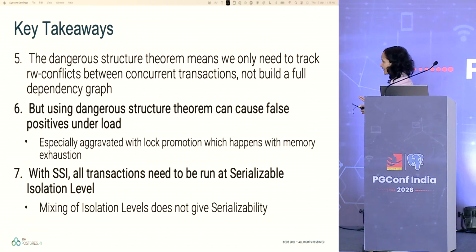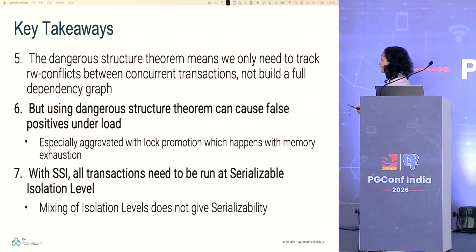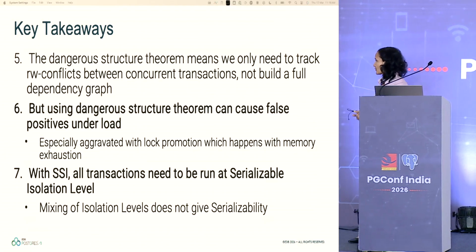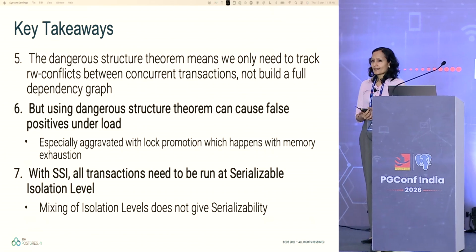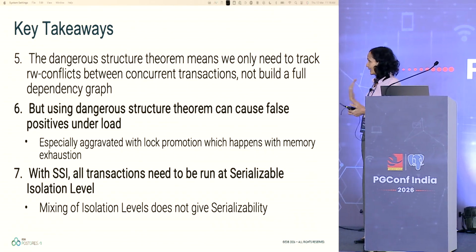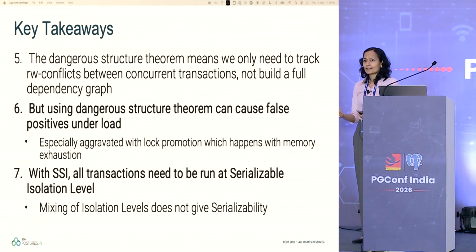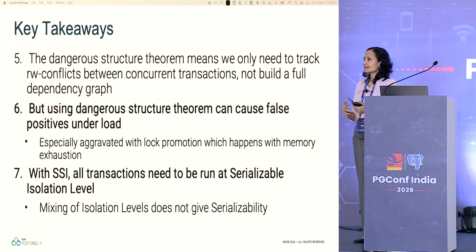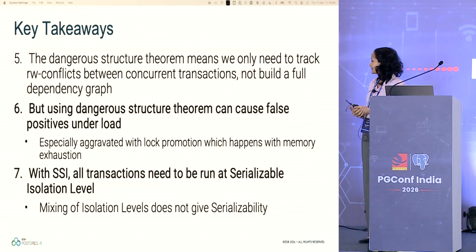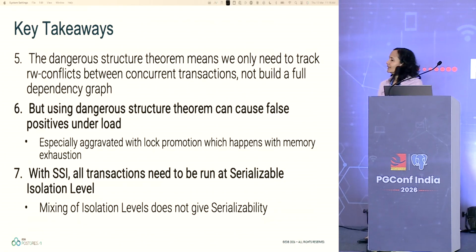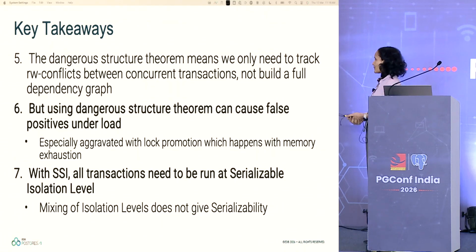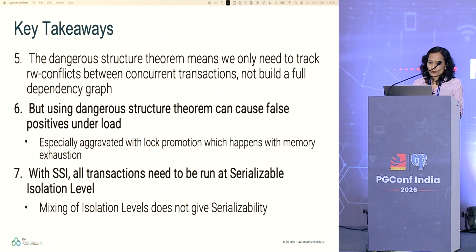This is especially aggravated when we are promoting locks, which can happen with memory exhaustion. Also, the SSI GUC defaults and a lot of the SSI structures are statically allocated, and they have not been revised. The GUCs could do with more tuning, and the structures could be more dynamic. So these things could be done to improve SSI.